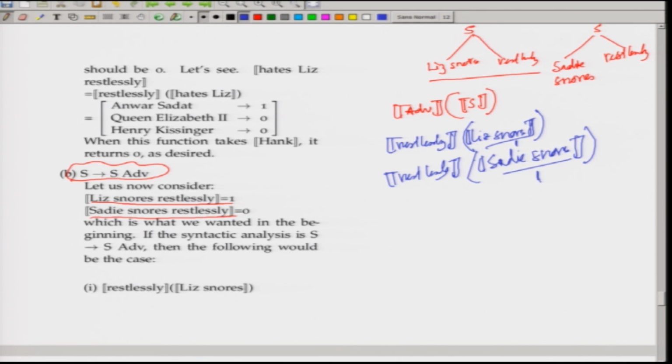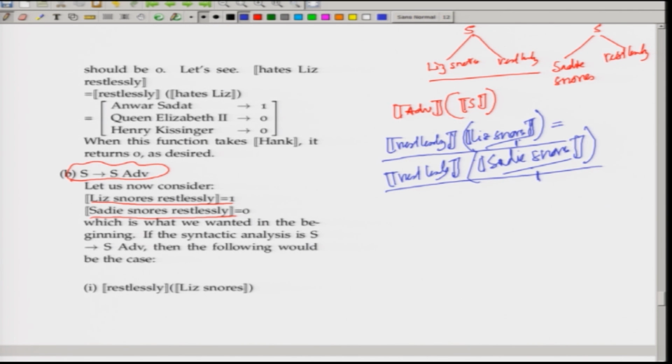So whatever restlessly would yield after taking these 2 would be the same thing, because these 2 are the same.